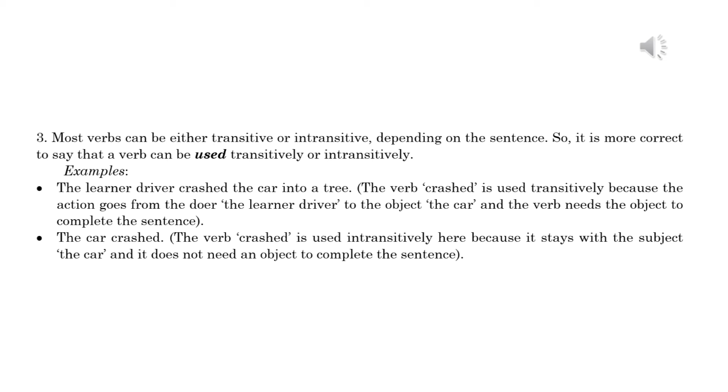The verb crashed is used transitively because the action goes from the doer, the learner driver, to the object, the car, and the verb needs the object to complete the sentence. The car crashed. The verb crashed is used intransitively here because it stays with the subject, the car, and it does not need an object to complete the sentence.